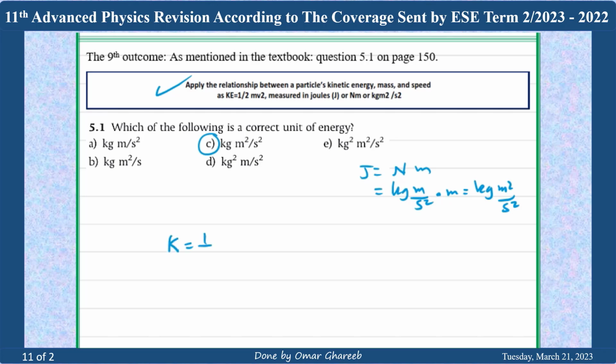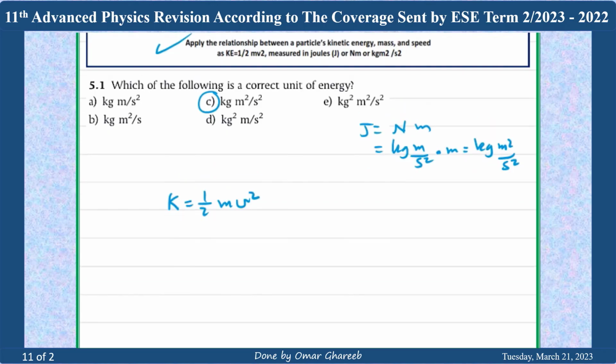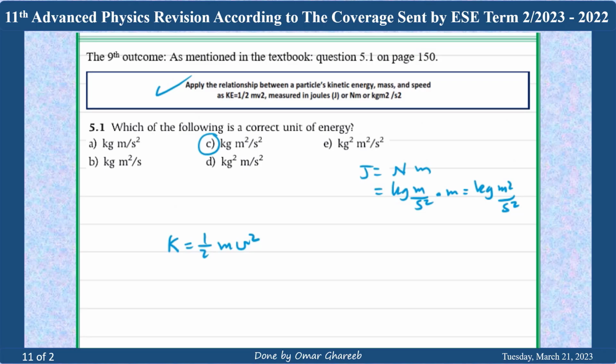Kinetic energy equals 1/2 mv squared. It's an easy expression to find the kinetic energy if you know the mass and the velocity. Suppose the question gives you a mass of 5 kilograms and a velocity of maybe 8 meters per second.